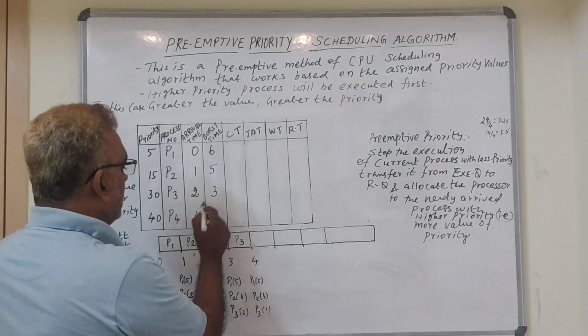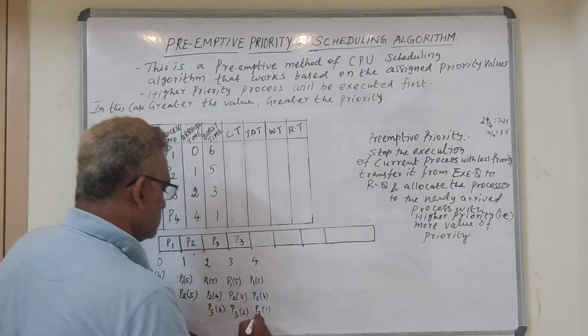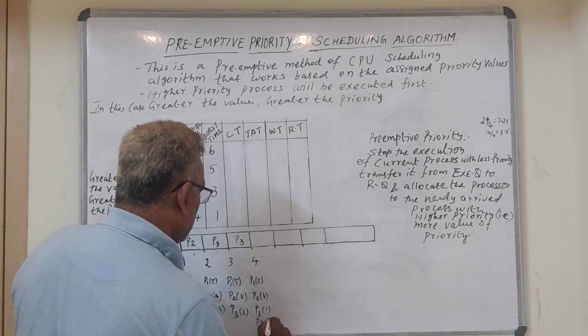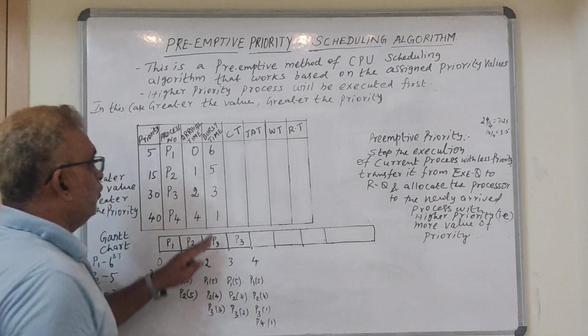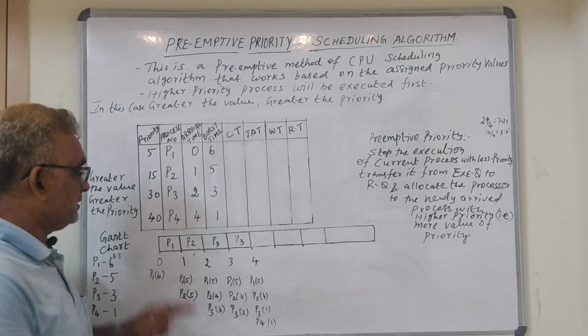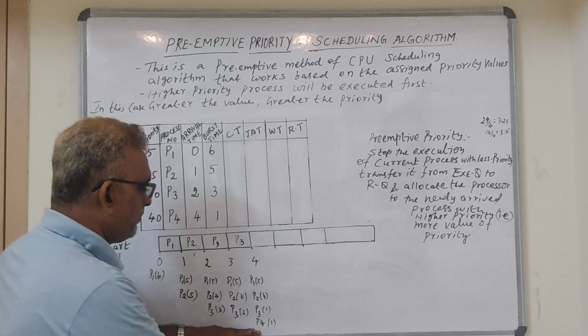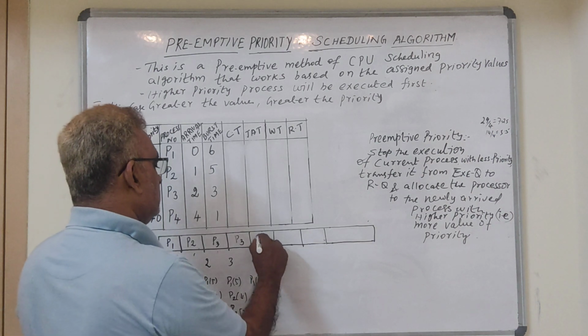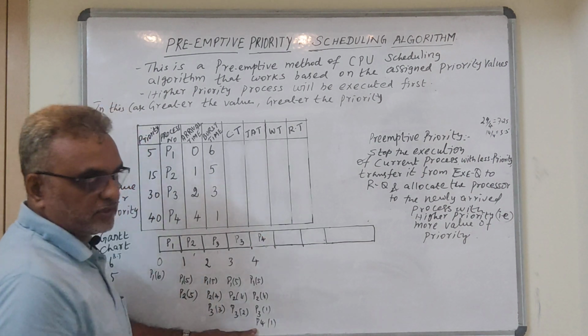Now at 4, we have another process that has arrived, P4, with 1 millisecond of burst time and a higher priority. So automatically P4 will be given the chance for execution.